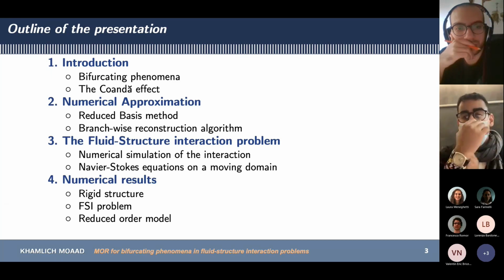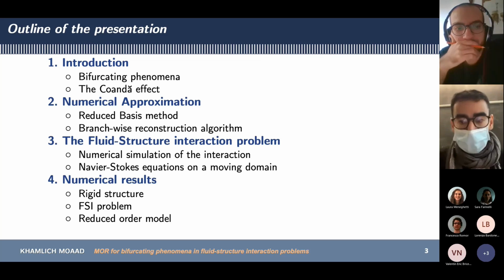Following, I will specialize the treatment to the system of equations that we solved, which are the ones for the fluid structure interaction problem. And in the end, I will present the numerical results and a brief comparison of the different test cases that we have addressed.